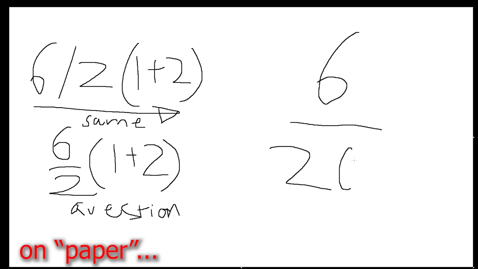As I demonstrated in my fraction calculator, when you write 6 over 2, 1 plus 2. And for those arguing ambiguity, this is ambiguous. You can look at it either way, but the right way to look at it is with left and right.